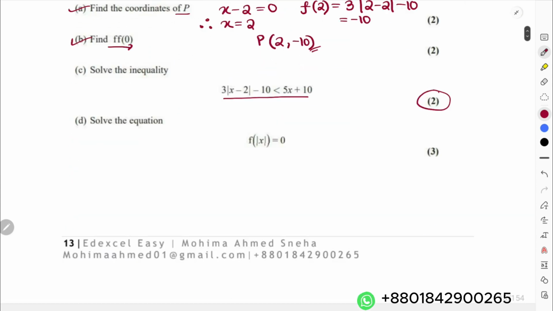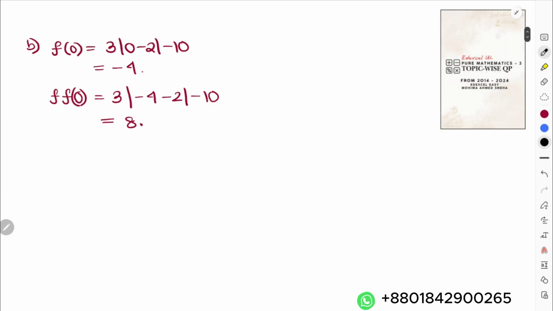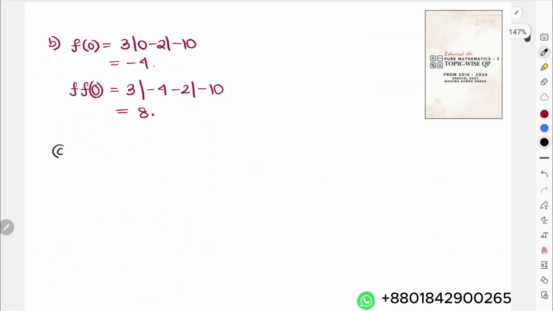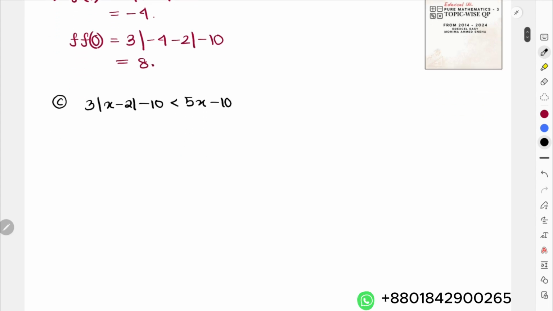Now after this, I'm going to find out where they're going to intersect, right? And for a given inequality I'm working, so I'm going to write for part C, 3|x minus 2| minus 10 less than 5x plus 10, right? For this, we already understand that this x minus 2 inside the absolute function, we have that as positive x minus 2, and again have that as negative x minus 2, right?